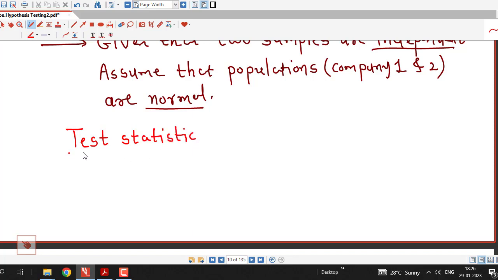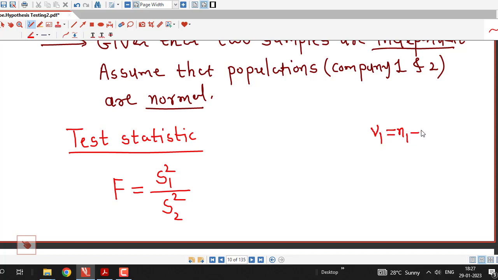statistic. So we know that capital F is equal to S1 square over S2 square. This ratio follows an F distribution with nu1 equal to n1 minus 1 degrees of freedom in the numerator, nu2 equal to n2 minus 1 degrees of freedom in the denominator, and here n1 and n2 both are 12.